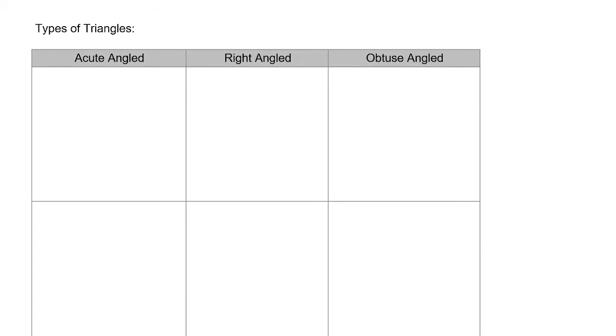We have acute angled triangles. So these are the ones where the angles in there are all less than 90 degrees. And we can have a scalene triangle.